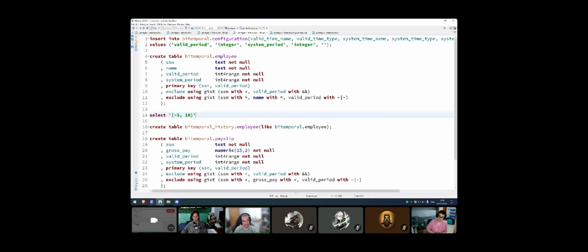I can do this, which is start inclusive, right? The square bracket means inclusive, and it goes to 10 exclusive, so it will not include 10 in the range. If I want to go with the square bracket here, it would be 9 to 9, right?